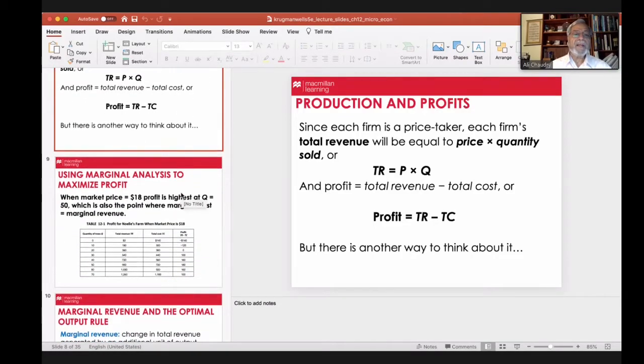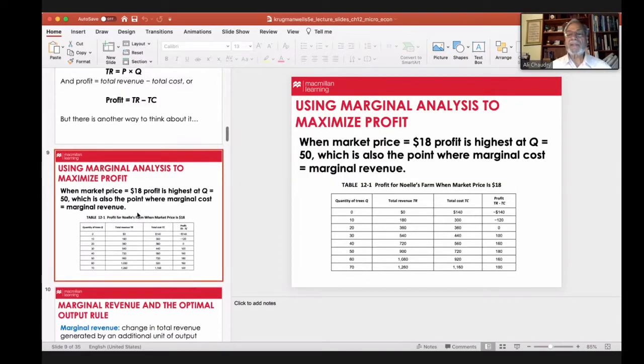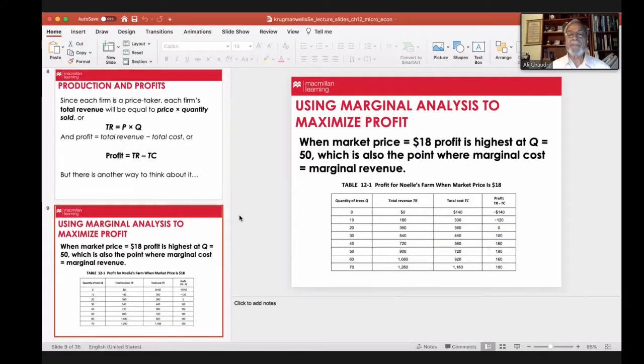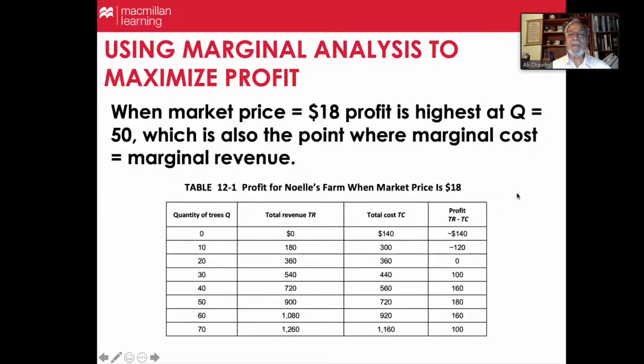All right, let's think about this company. Let me go to full screen so we have a slightly better view. Using the marginal analysis to maximize profits. So here is our well-known friend in economics, marginal analysis. And now we are coupling marginal analysis with profit maximization.